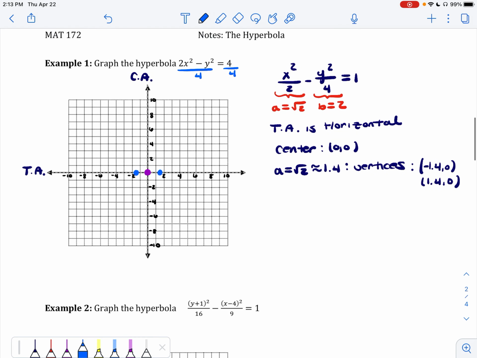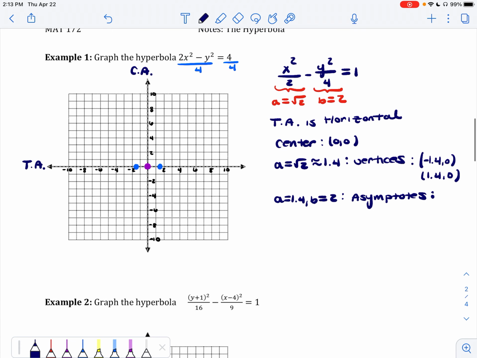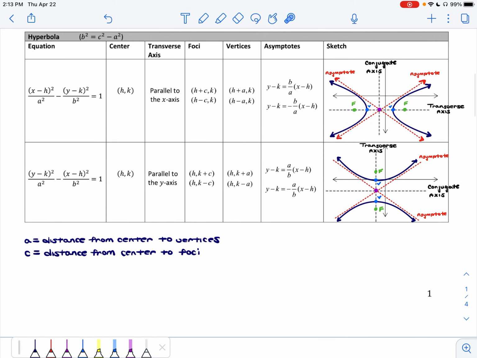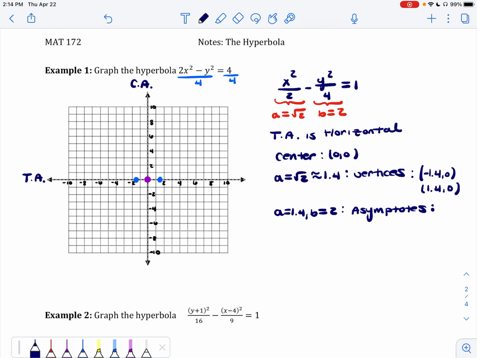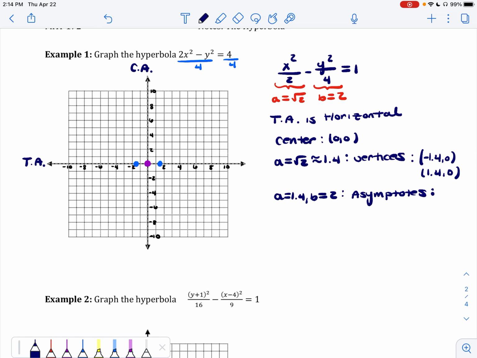All right, then using the a and the b value, so with an a of 1.4 and a b of 2, we can find the asymptotes. Okay, so remember for these, it's always going to be y minus k is equal to plus or minus b divided by a times the quantity x minus h. Okay, so for our example, y minus k is just y.